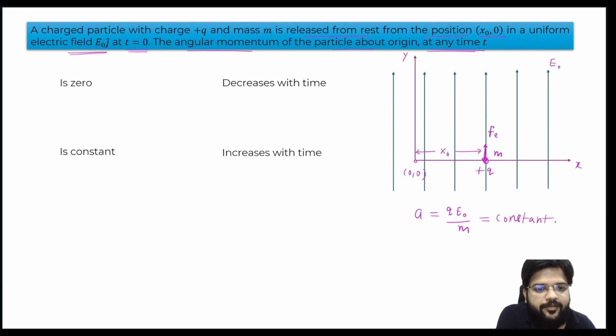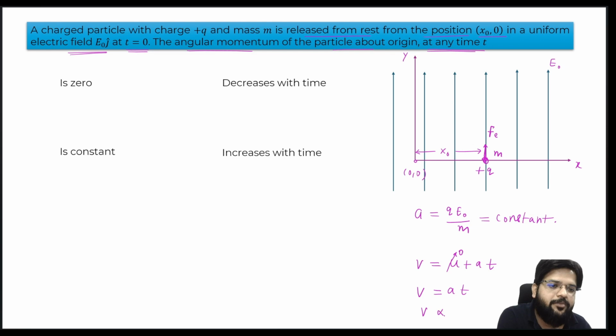If I find the velocity of the particle at any time t, it can be written as v equal to u plus at. What is the initial velocity of the particle? It is 0 because the particle is released from rest. So v equals at. Since acceleration is constant, v is directly proportional to t.